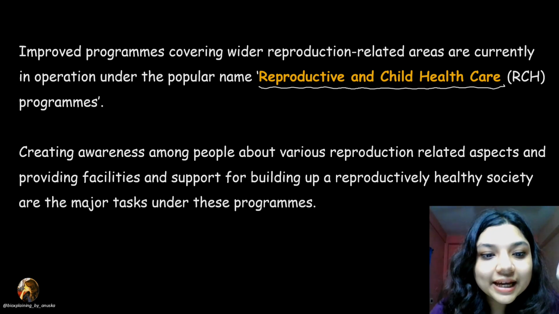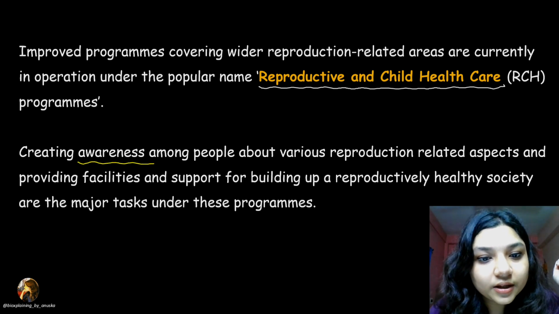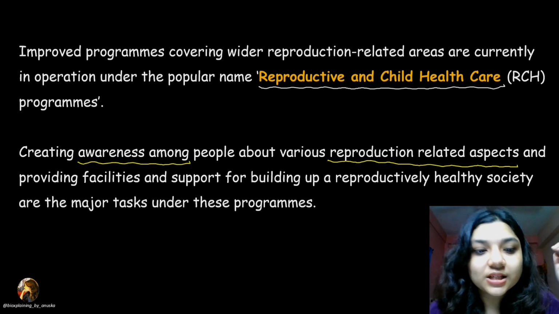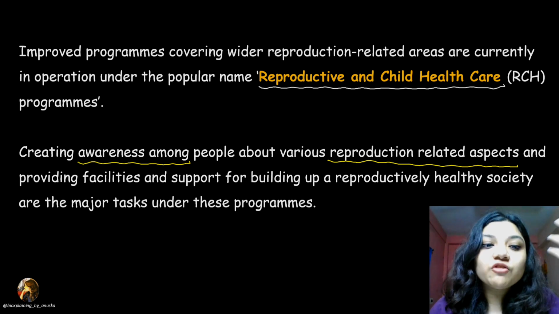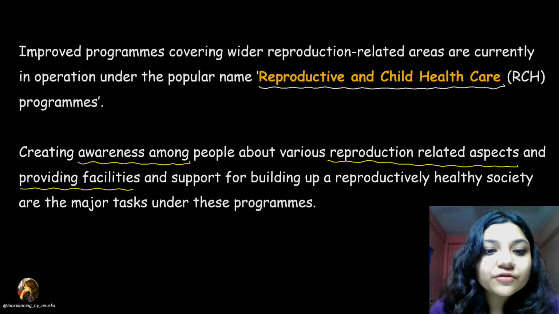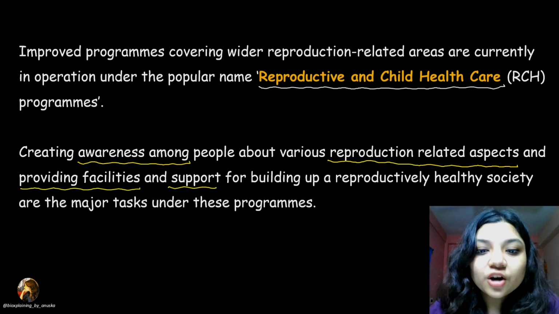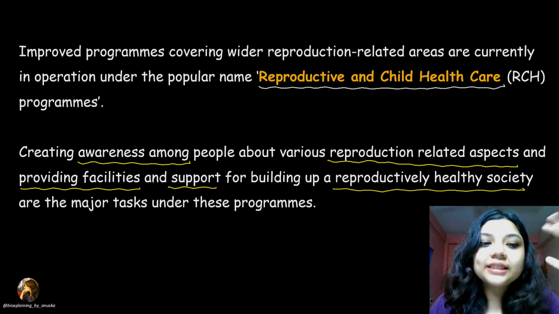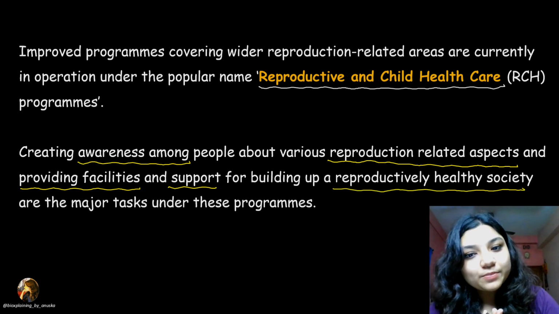They want to create awareness among people about various reproduction related aspects. And the government also provides different facilities and support for building up a reproductively healthy society. These are the major tasks under these programs.